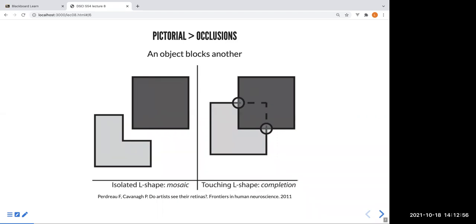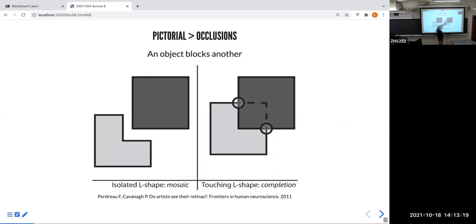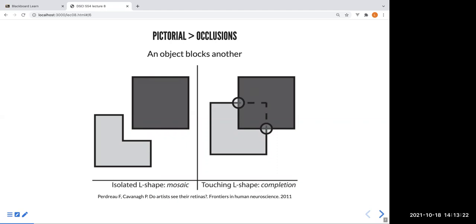So when we look at 2D images, and this is a thing that we're going to see over and over again, the brain thinks of the object as being a 3D object, right? If there is a gap between the objects, then we perceive them as separate objects that have whatever shape they have. But if there is no gap, then the brain is going to think that this is a 3D scene. And here it makes sense that we have a square that is on top of another one.